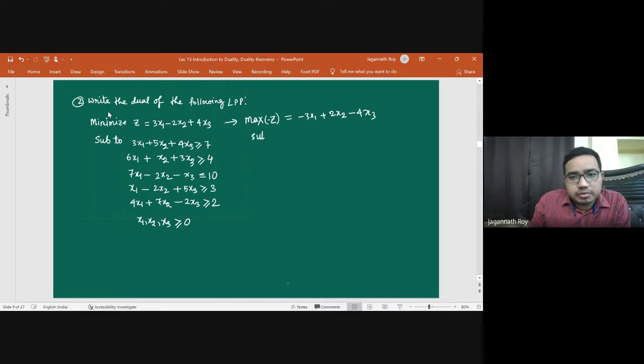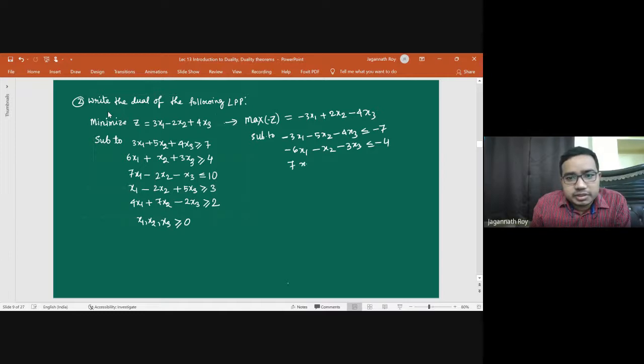Okay, subject to: we'll try to write all the equations in the negative form. Minus 3x1 minus 5x2 minus 4x3 less than or equal to minus 7. Then minus 6x1 minus x2 minus 3x3 less than or equal to minus 4.